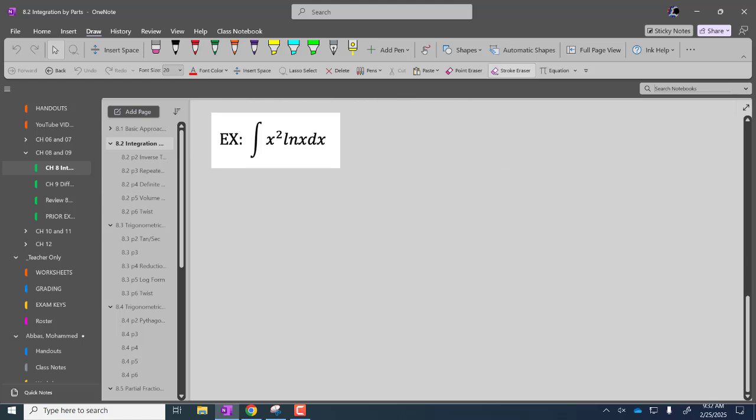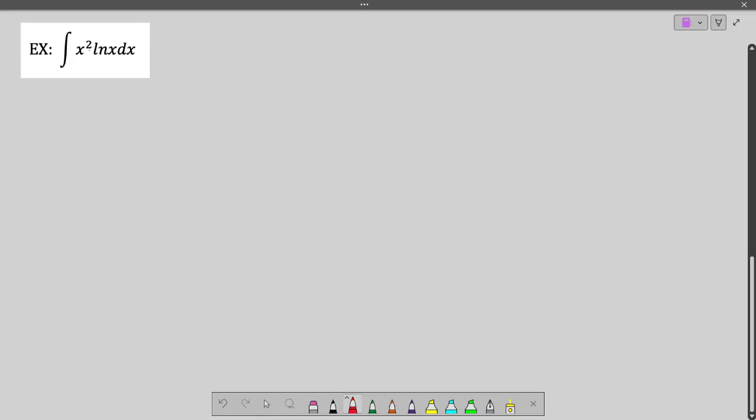And when we look, we see that we do have a product here. And remember that in calc, when we say product, it could be a division or it could be a multiplication. Right? Division still is a product. And the key here is to identify u and dv. So we're always going to split the integrand into u and dv.